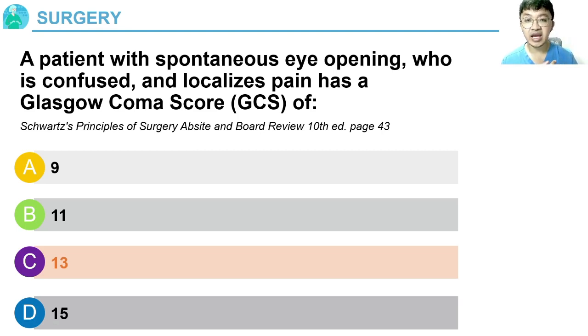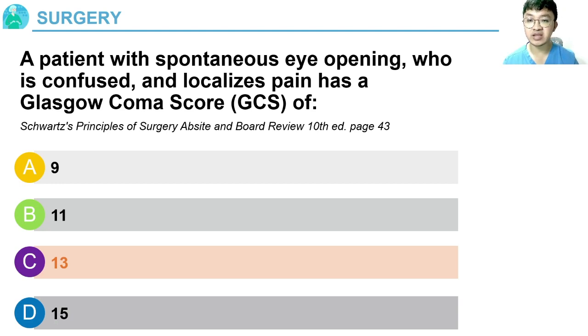For E, the high score there is 4. For V, the high score there is 5. For M, the high score there is 6. So E4, V5, M6, that's GCS 15. For this patient, spontaneous eye opening is E4. Confused, that's V4. Localized pain, that's M5.